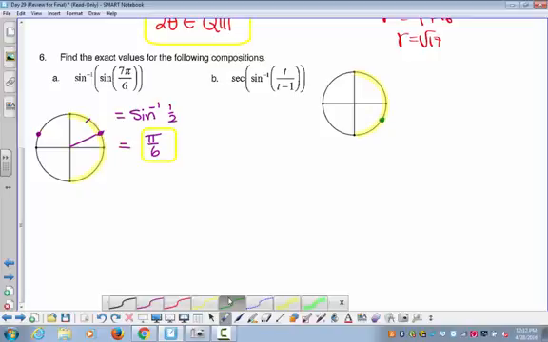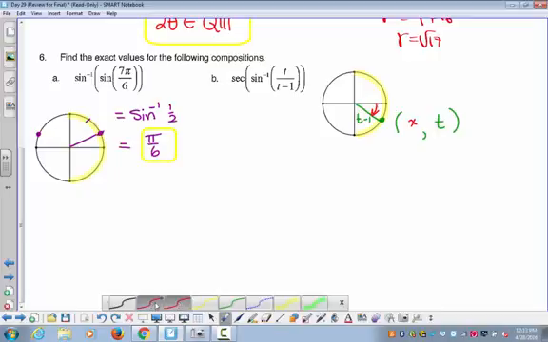I'm going to put it in quadrant 4 because I have more space down here. I just need a dot that has a sine value of t over t minus 1. So I'm going to call the hypotenuse t minus 1. I'm going to call that x. Do you agree there? The sine of that angle is t over t minus 1, right?